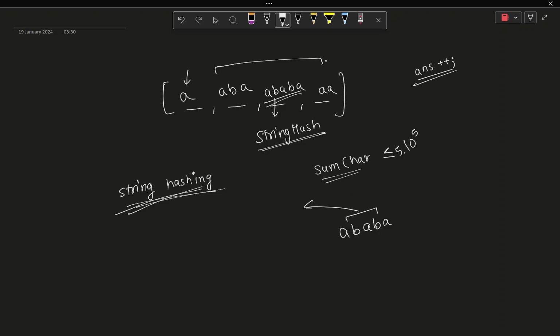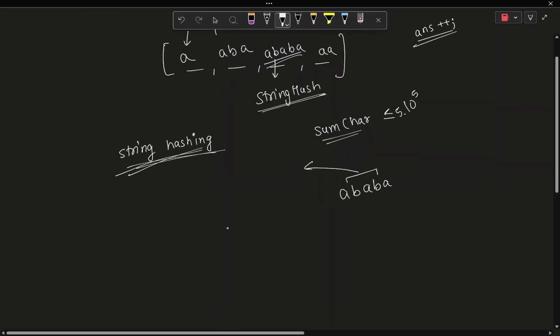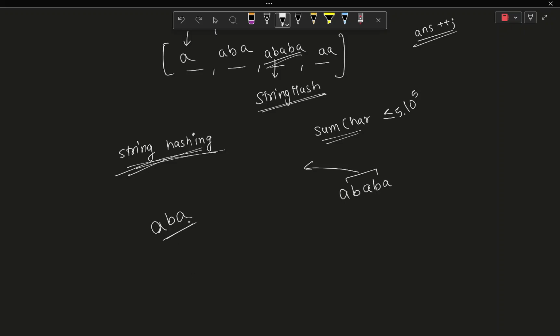So what you can do is compare the hash value of this string with the hash value of the prefix of this length and the suffix of this length of the other string. Let us say you have a string hash structure object for this string and for this string.